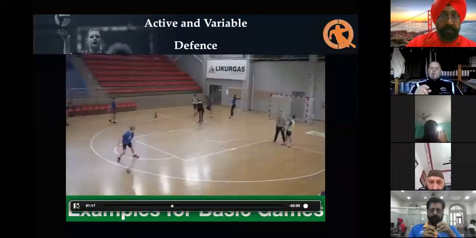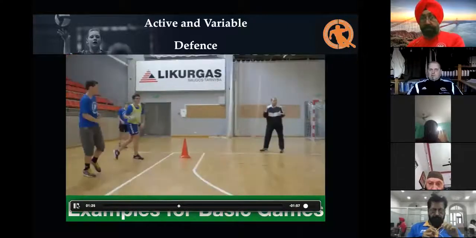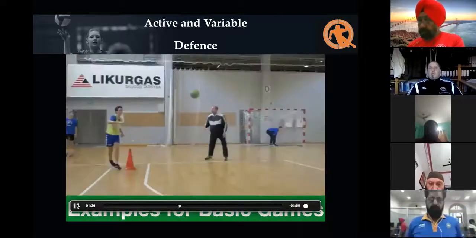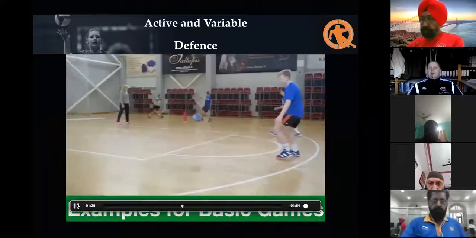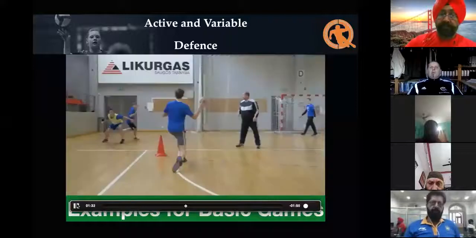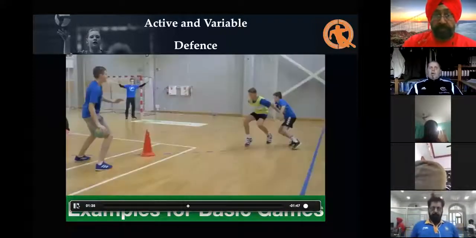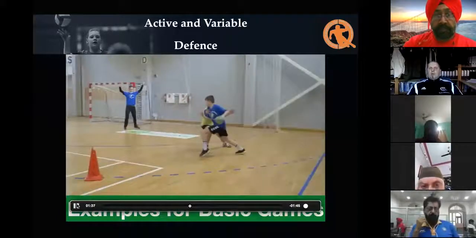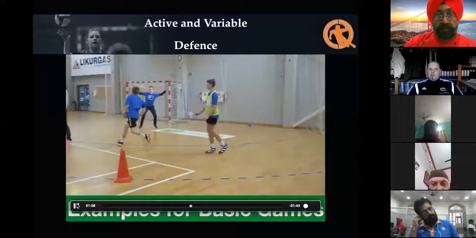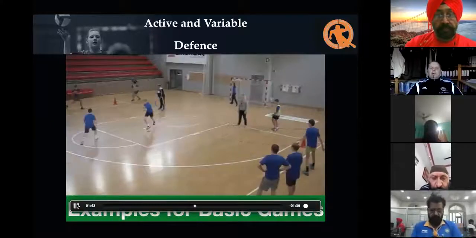For instance, a long distance pass from one to the other side, from right to left back or vice versa. A long distance pass from center back directly to the wing, or from right or left back to the wing player on the other side. And the more the passing variations are free, the more work for the players in defense.